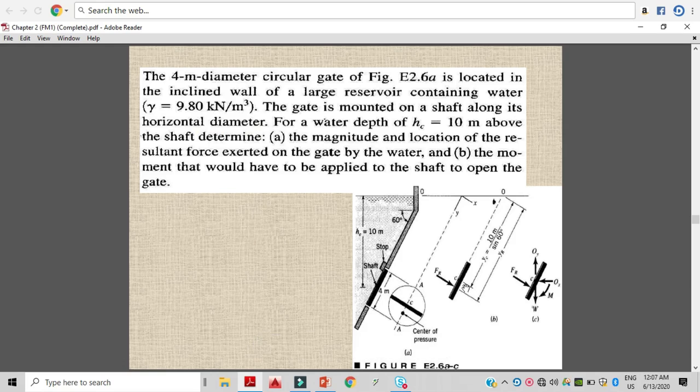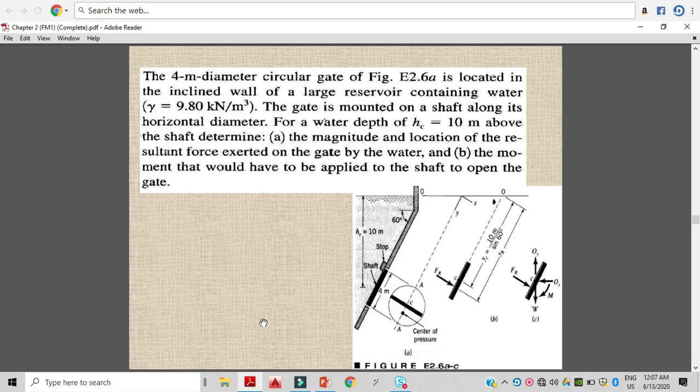Hc is given, that is 10 meter, from here to here. The area we have to calculate, since the geometry of the gate where the hydrostatic force is acting is circular. So the area of a circle is pi r square.